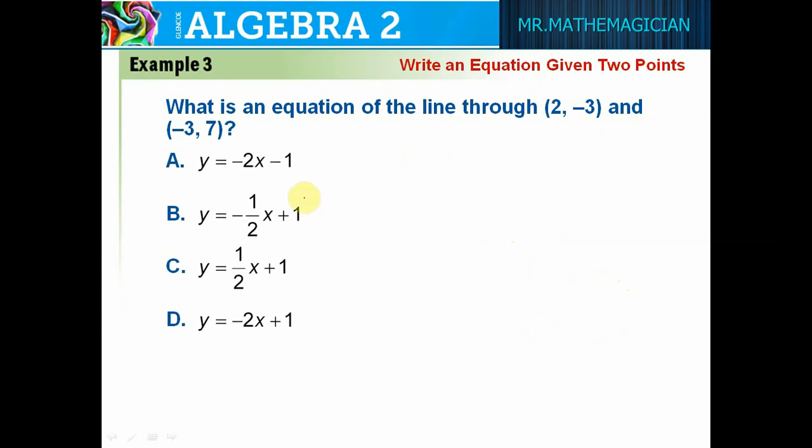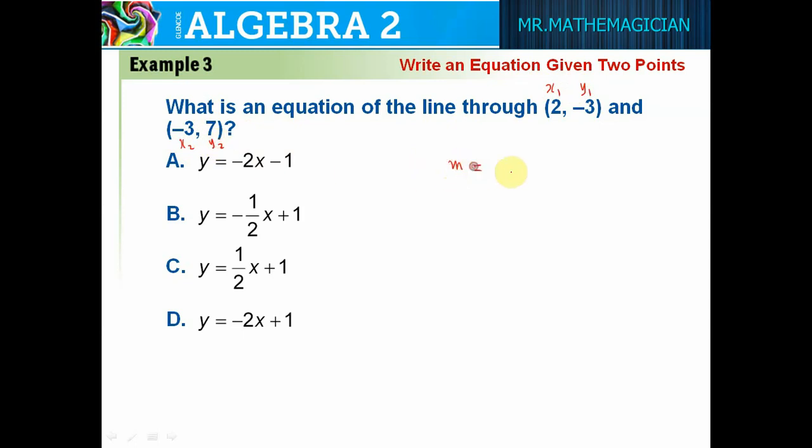Another example. What is an equation of the line through 2 points, 2 and negative 3, and negative 3 and 7? We know that we need the slope, so we'll start by finding the slope. Let's name this one x1, y1, and this one x2, y2.